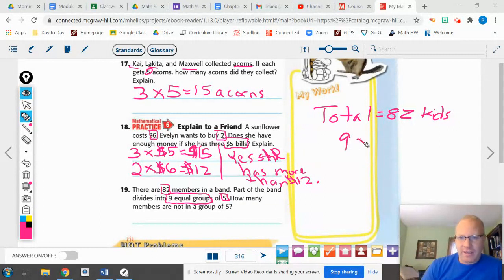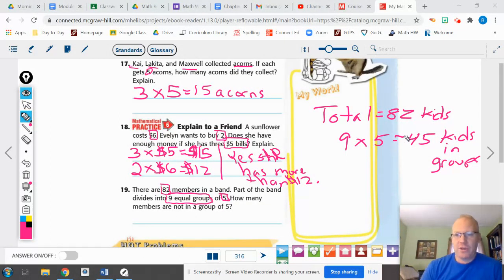So 9 times 5. Remember, 9 groups of 5. So 9 groups, and each group has 5. That's 9 times 5 equals 45 kids in groups. So it asks us at the end, how many members are not in a group? So we have 82 total.